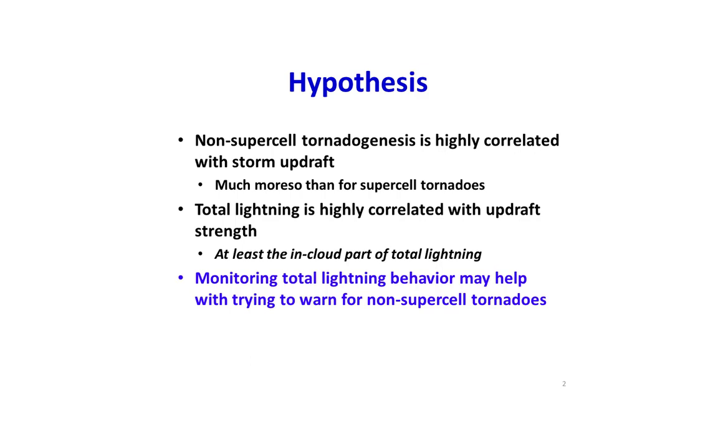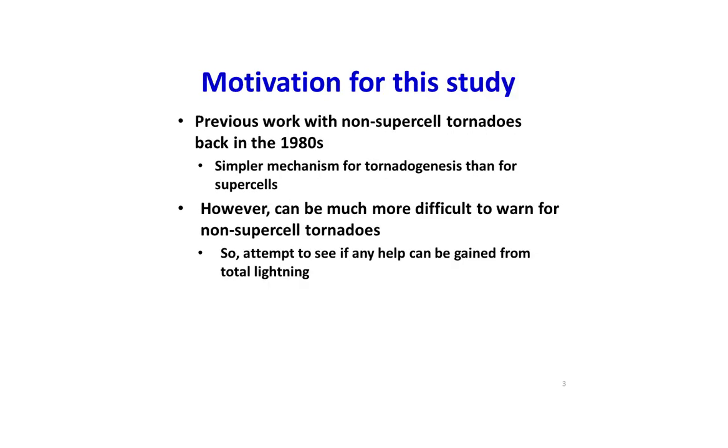And because total lightning, specifically in-cloud lightning, is also highly correlated with updraft strength, the thought is that monitoring this total lightning behavior may give us some hints that could aid in warning for these types of tornadoes, which are tricky to warn for.